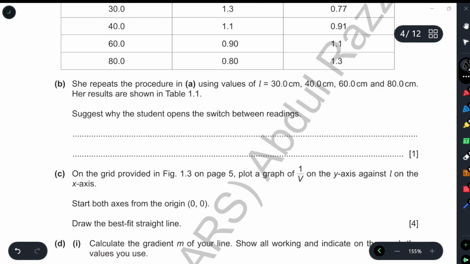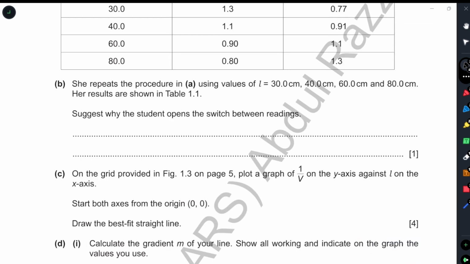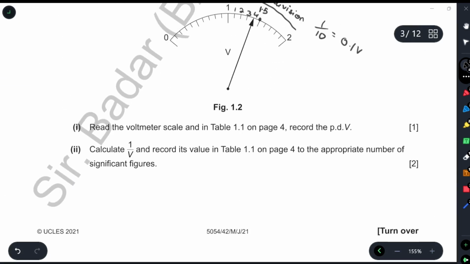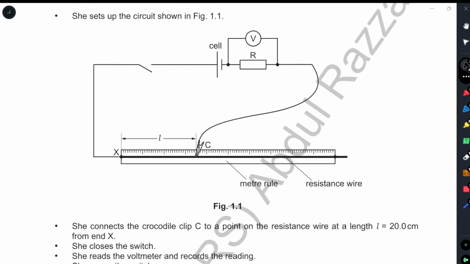Let's start with B. B says she repeats the procedure using values of length 30 centimeters, 40, 60, 80. Suggest why the student opens the switch between readings. You can give many answers for this. If you look at it over here, we have a battery.